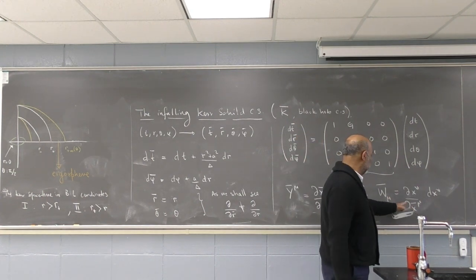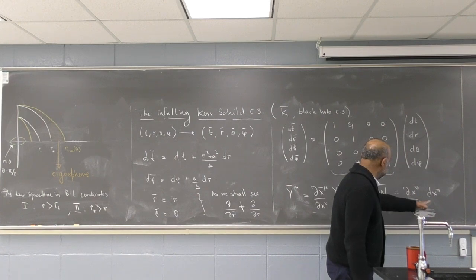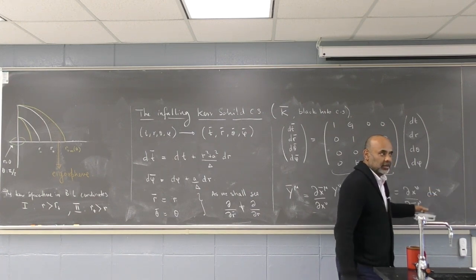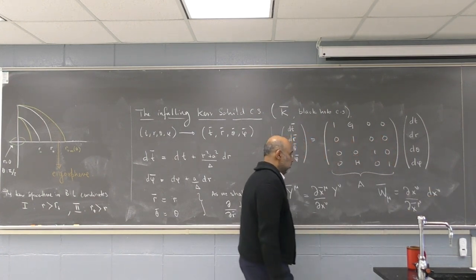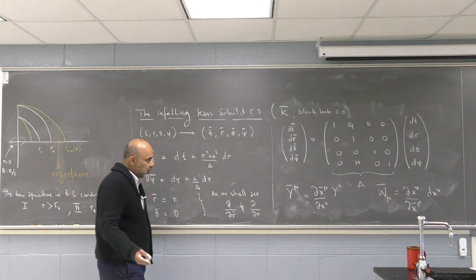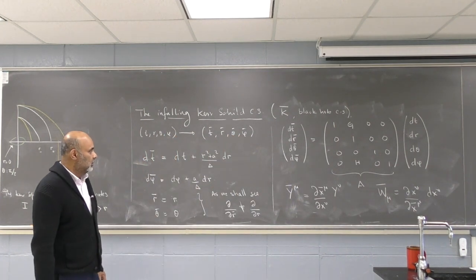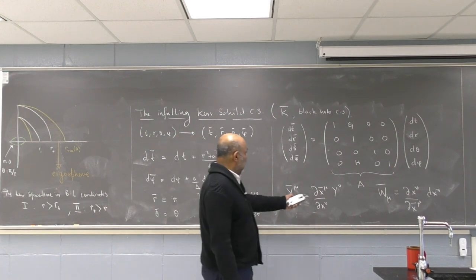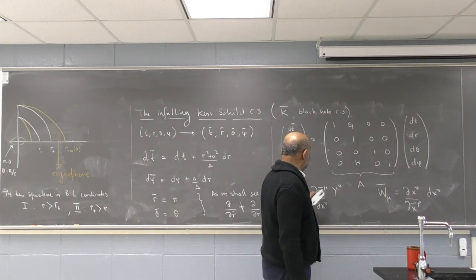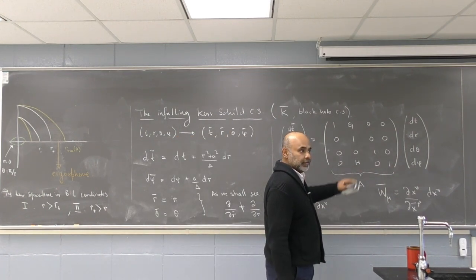Well, inverse adjoint, because the multiplication happens over here rather than over here. Yeah, transpose, inverse transpose. That's what it is.